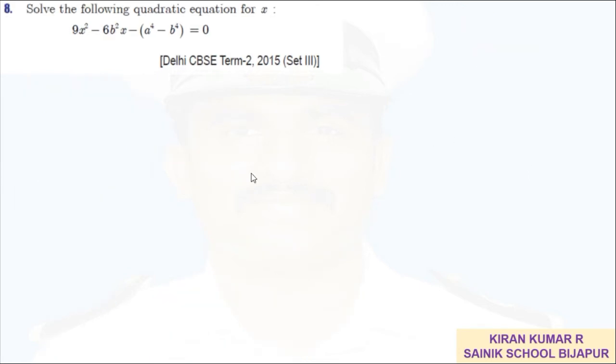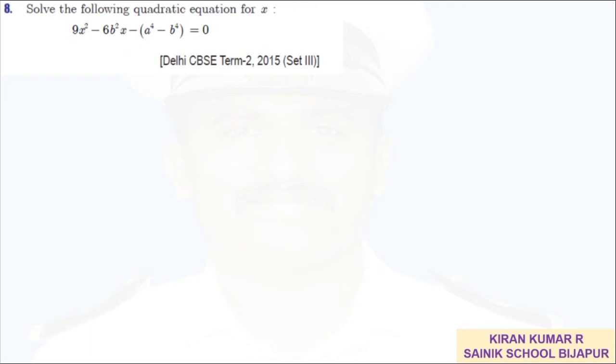Question number 8. Solve the following quadratic equation for x. The equation is 9x square minus 6b square x minus of a raised to the power 4 minus b raised to the power 4 equal to 0.